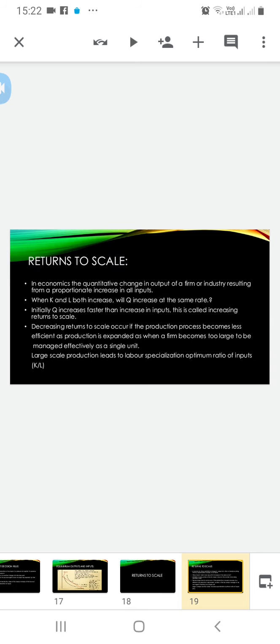When all factors are varied in returns to scale, the factors can be increased in two ways: increasing all factors in the same proportion, or increasing all factors by altering the proportion.